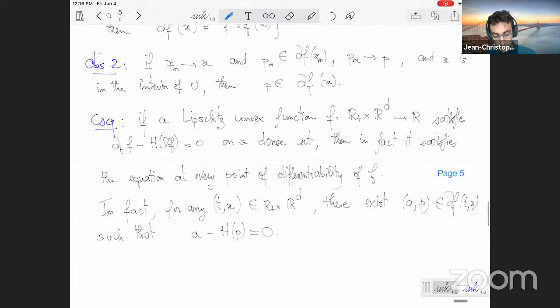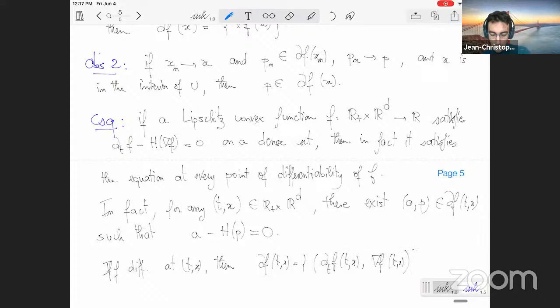Okay, so if f is differentiable at tx, then the subdifferential at tx is just the singleton made by the time derivative of f and then the gradient of f. Okay, so by the second point, we also get the first point.